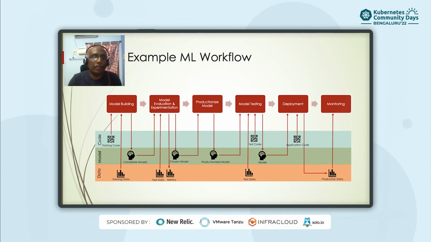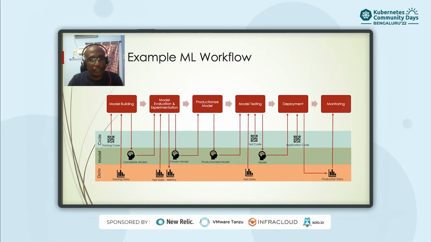Okay, and once you have productionized your model, then you enter into model testing. For instance, you will develop a test code and you will have test data, and then you will test whether the model is performing as per your expectations or not, whether the predictions are lying within a certain boundary or not, right?